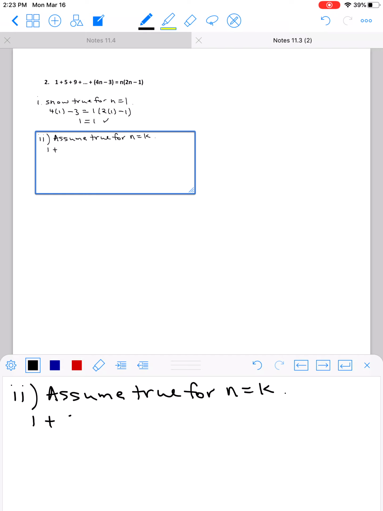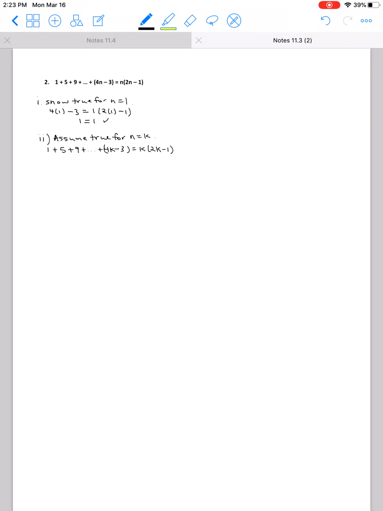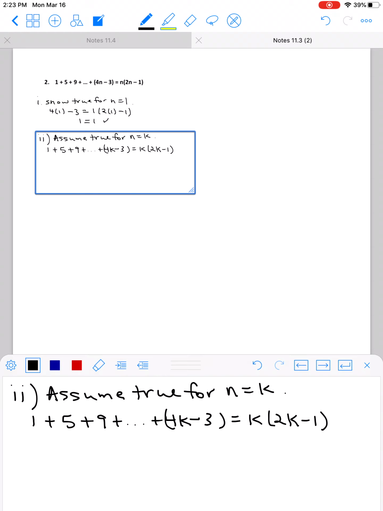So 1 plus 5 plus 9 plus ... plus 4k minus 3 equals k times 2k minus 1. And remember, in that step, all I did was replace all the n's with k's.